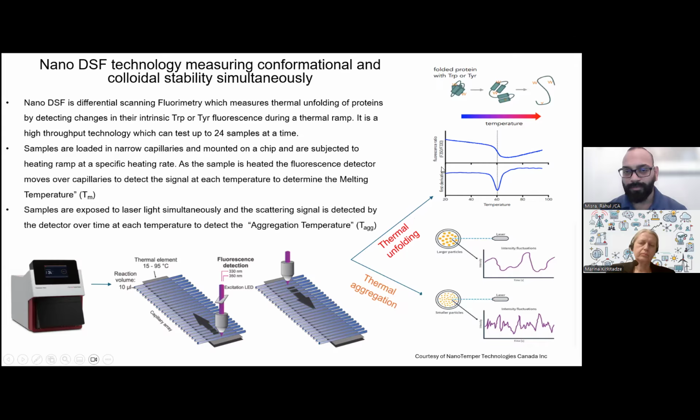Through thermal unfolding, we get the information about the melting temperatures, which is what the fluorescence detector is detecting. And the thermal aggregation part is the light scattering. So there's another detector which goes around and sees how much light is being scattered from each and every capillary, and through that we get the information about the thermal aggregation.